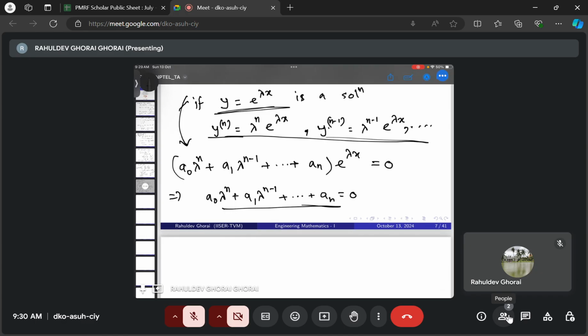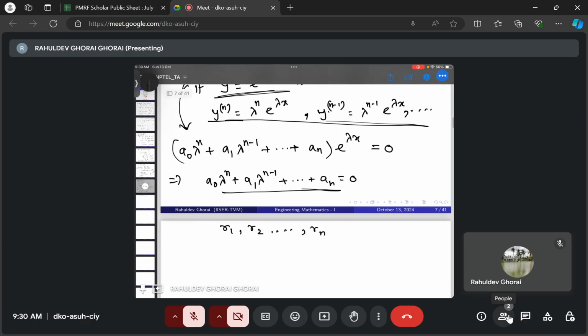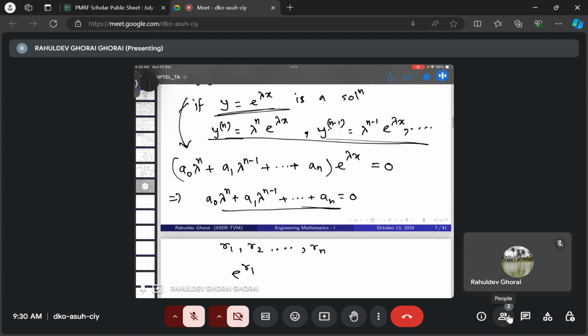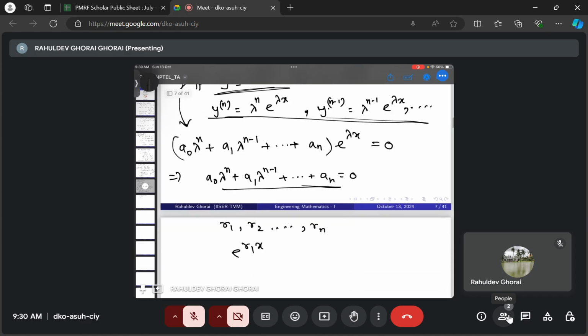Let's say if you have n distinct real roots, let's say r1, r2 up to rn. Then you will have solutions: e to the power r1 x is also a solution, right?